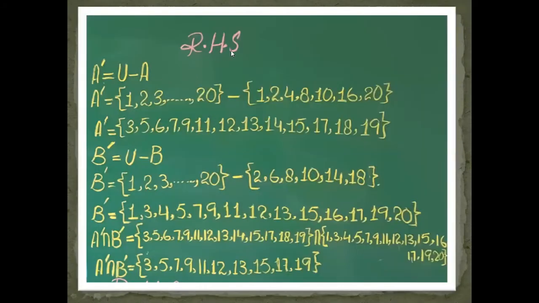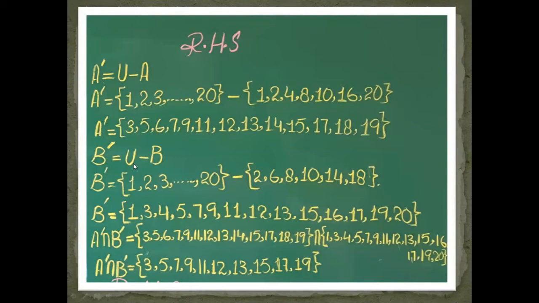Now come towards the right hand side. First, A complement. A complement means U minus A. After taking the difference, write the remaining elements of set U, that is 3, 5, 6, 7, 9, 11, 12, 13, 14, 15, 17, 18 and 19.